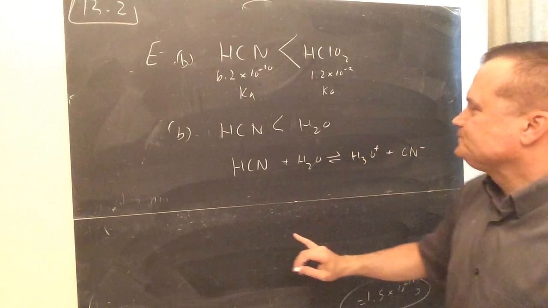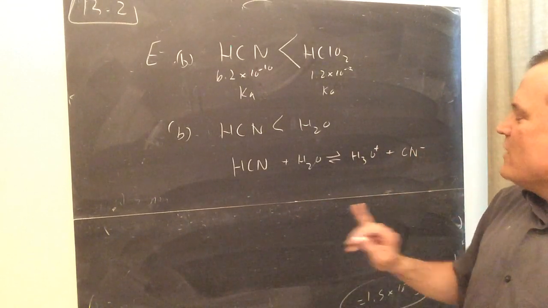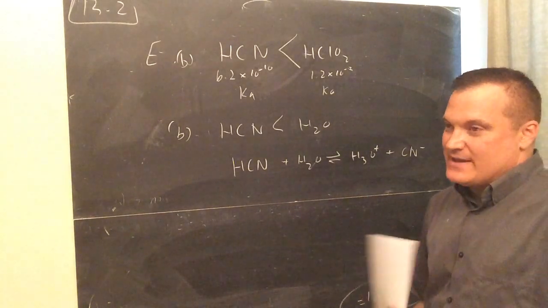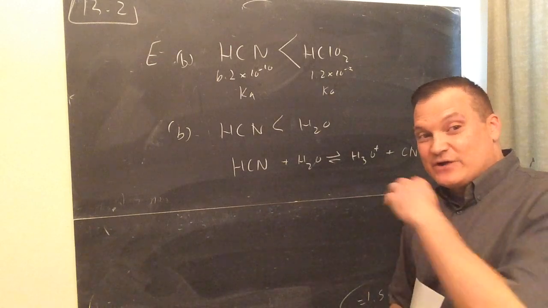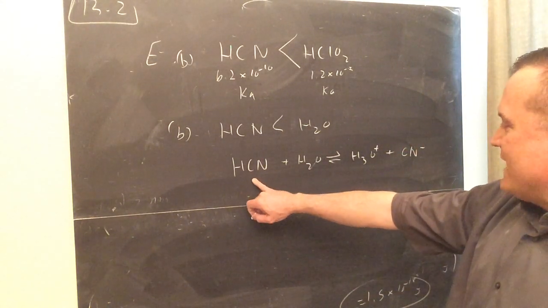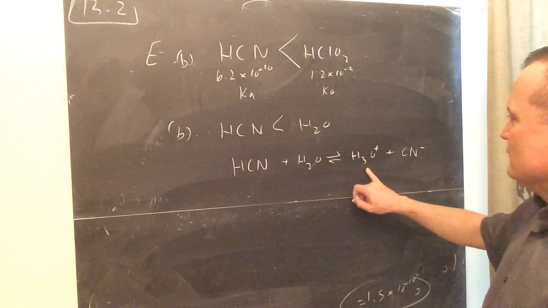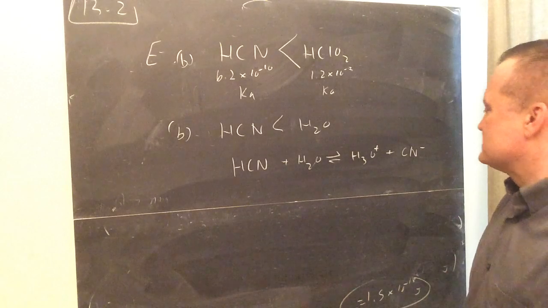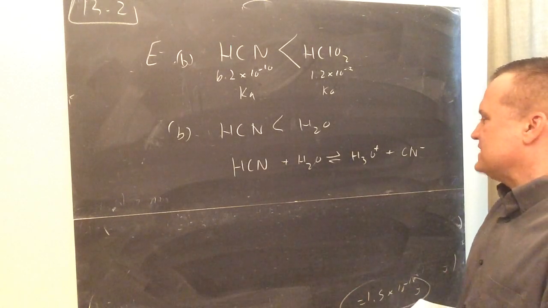Now remember, the stronger acid is the one that's better at releasing the H plus. We know HCN is a weak acid. And if you look at this one, that's a stronger acid. I'm so sorry, as an acid.